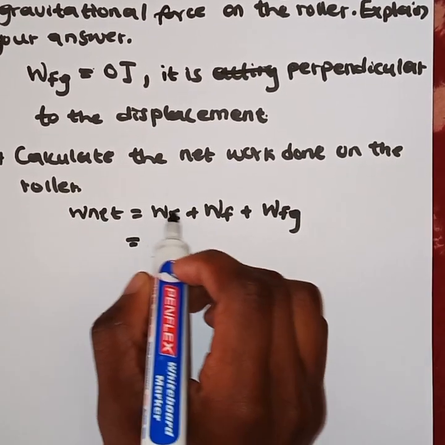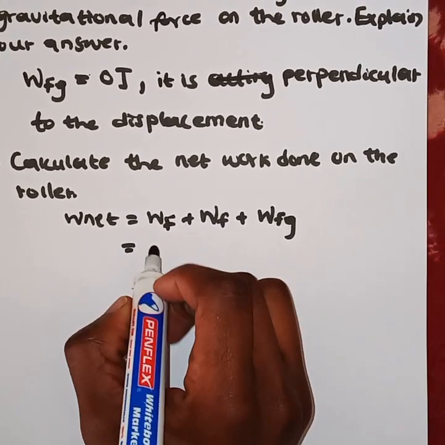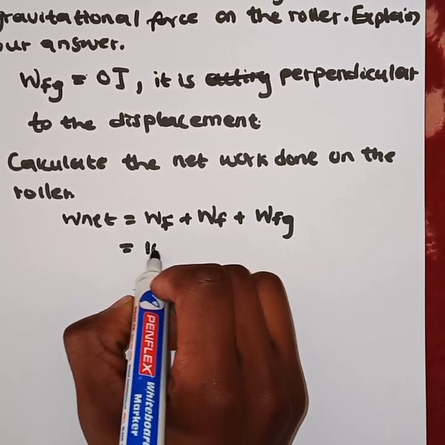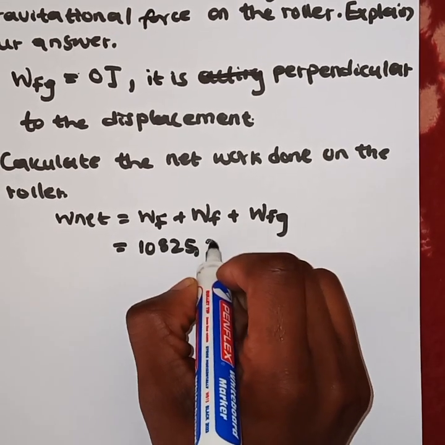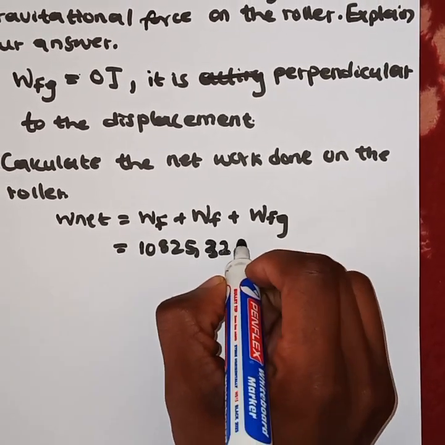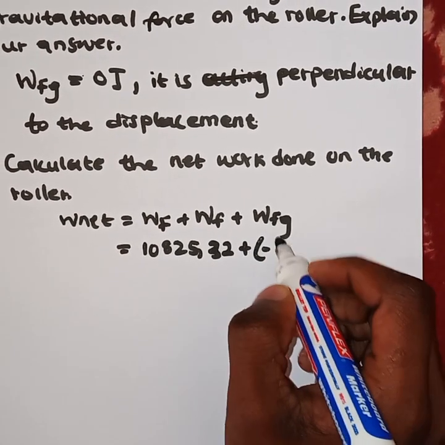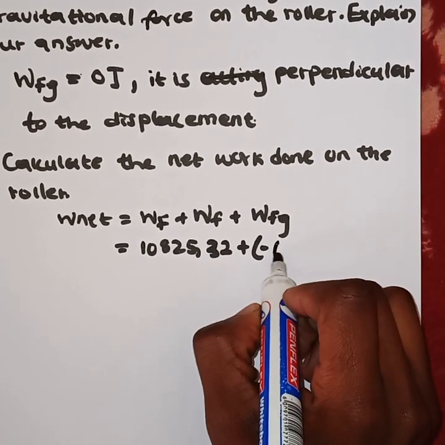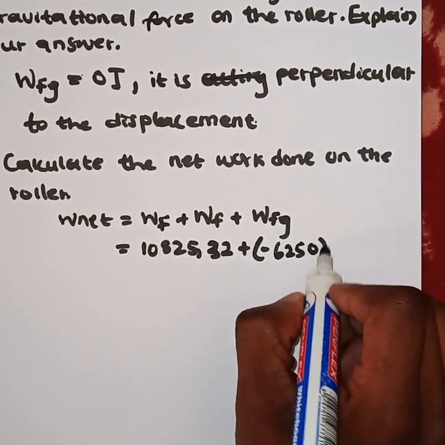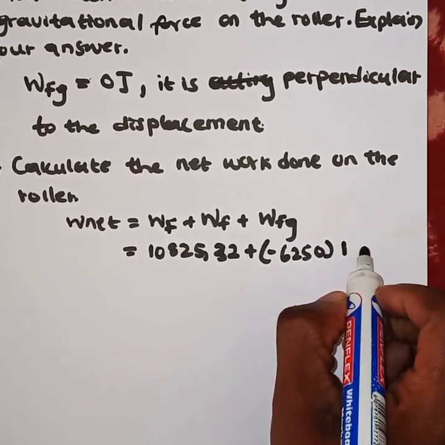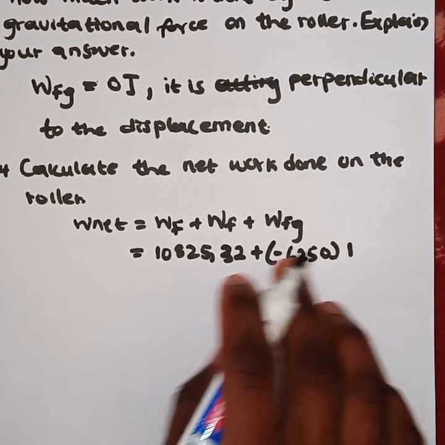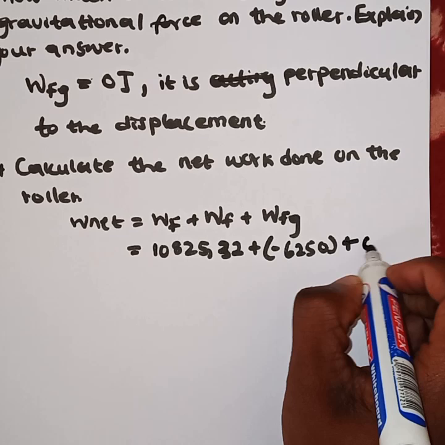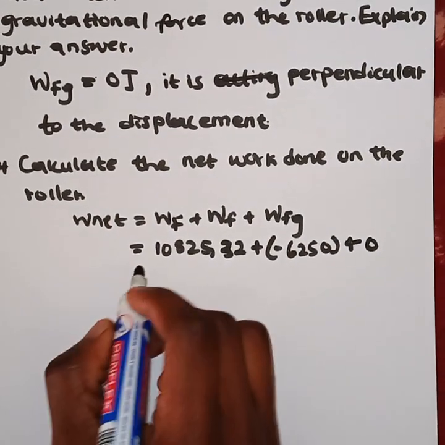We already calculated the work done by the applied force, which was 10825.32, plus minus 6250, and the gravitational one, yes, it was 0, the one we got on 1.3.